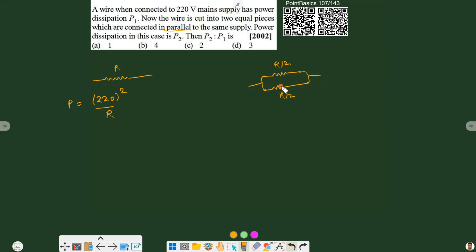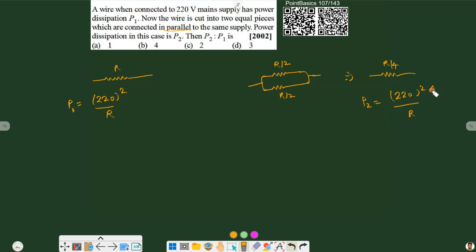As they are in parallel, their combined resistance will be R by 4. So we can say this is P1, and now P2 will again be V square by resistance, which is now R by 4.